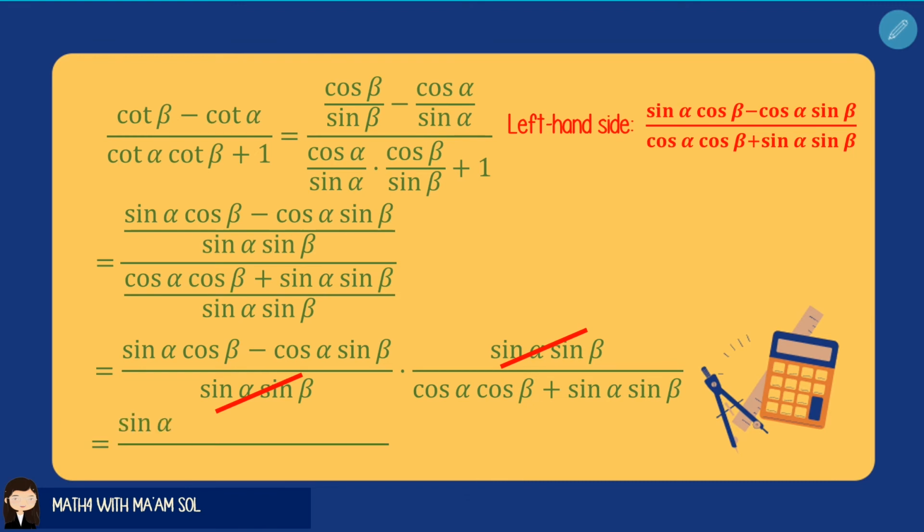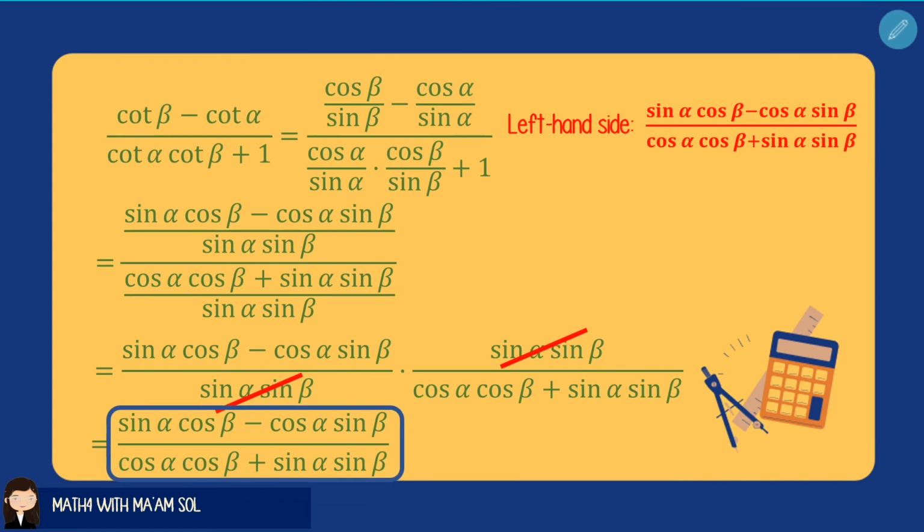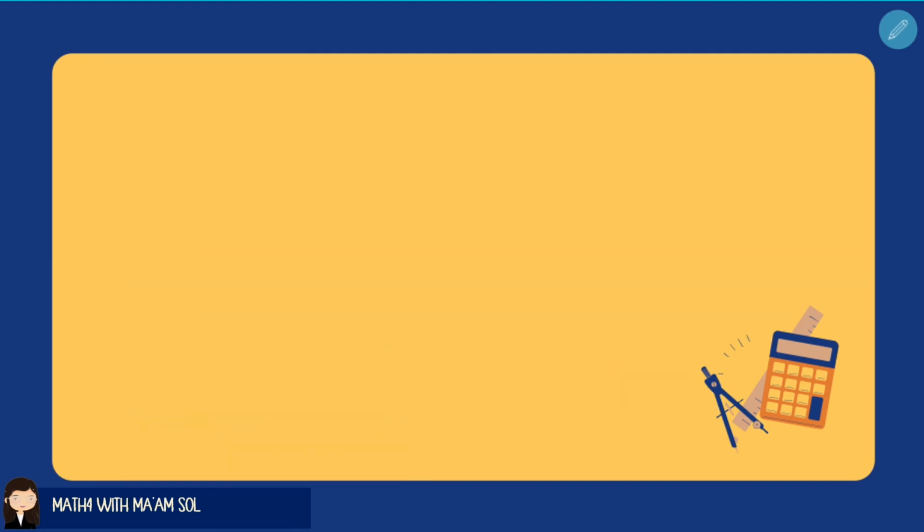So we're left with sine alpha cosine beta minus cosine alpha sine beta all over cosine alpha cosine beta plus sine alpha sine beta, which is exactly the same as the expression in the left-hand side. Since we have proven that the left-hand side and the right-hand side expressions are equal, we can say that we have proven this identity. Let us have our last example.